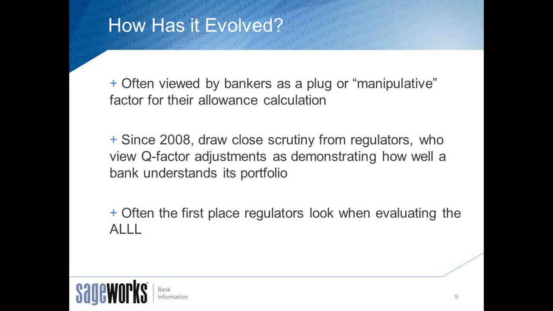Since 2008, the Q factors have drawn much closer scrutiny from the regulators, who now view the adjustments as demonstrating how well a bank understands its portfolio, meaning they tend to be questioning them, digging in, peeling the onion, whatever cliche you want to use, to make sure that the bank is not using the old school method and is actually using the Q factors appropriately.